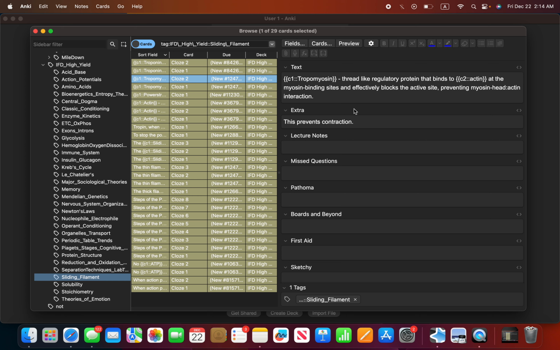So when tropomyosin is bound to the actin at the myosin binding sites and effectively blocks the active site, it is preventing the interaction, and that prevents contraction. Cool.